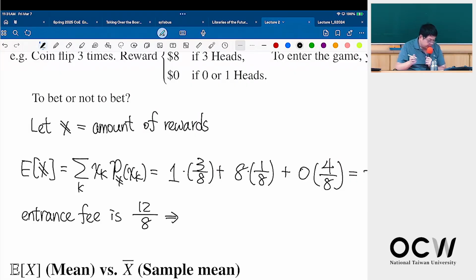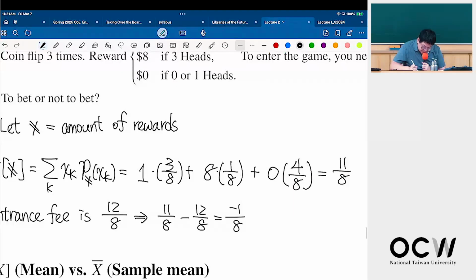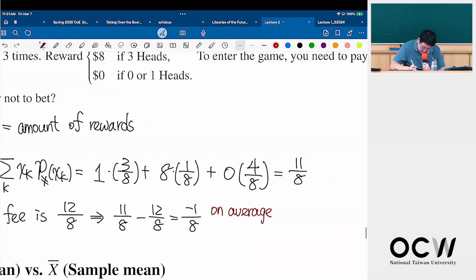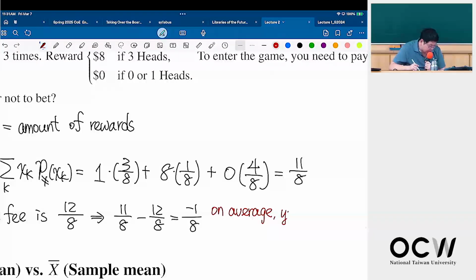And then your long-term overall rewards is 11/8. So eventually you will lose money because you get -1/8. That means on average you will lose.